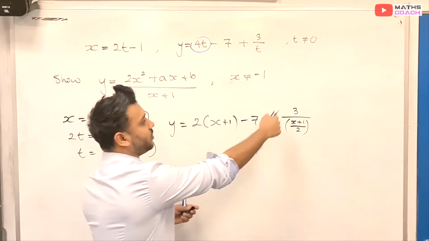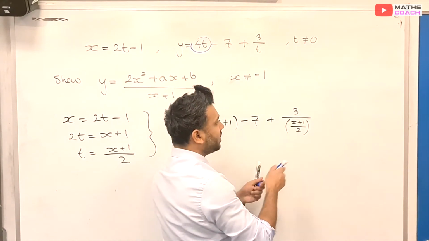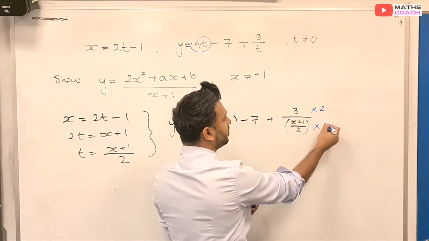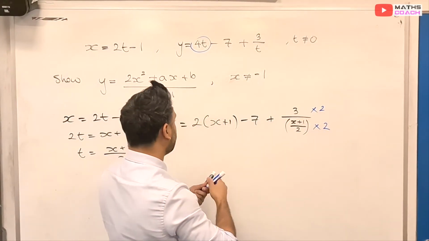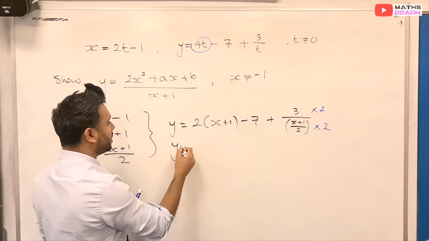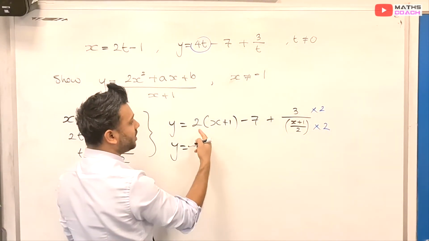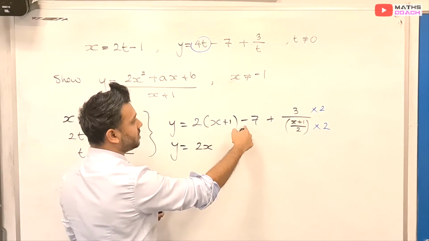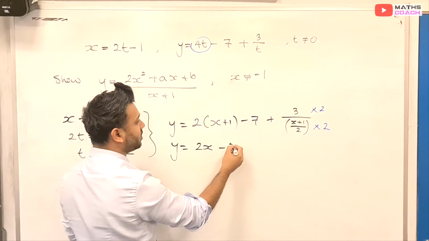There are too many fractions here, so I'm going to simplify this by multiplying the top and bottom of the fraction here by 2, and rewrite. So y is therefore going to expand and simplify this bit here. 2 times x is 2x. 2 times 1 is 2. 2 minus 7 gives you minus 5.